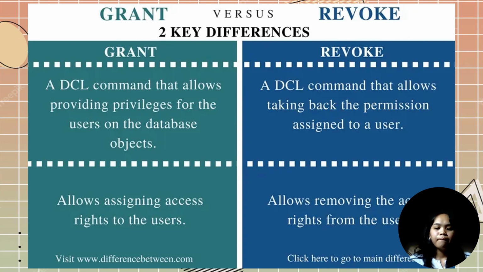It allows removing the access from the user. So if grant allows assigning and gives permission, revoke is the contrast of grant, because revoke allows removing the access right from the user. These are the two differences between grant and revoke.